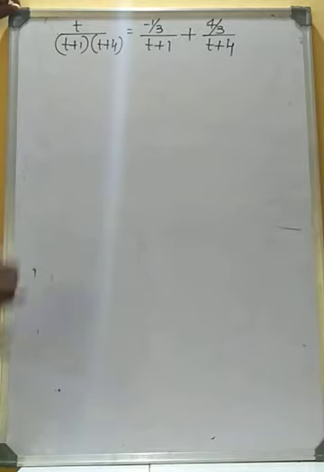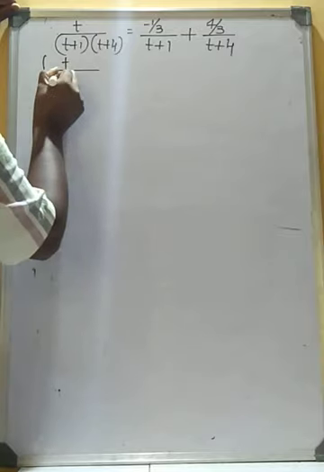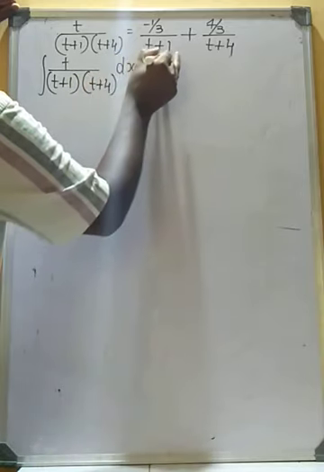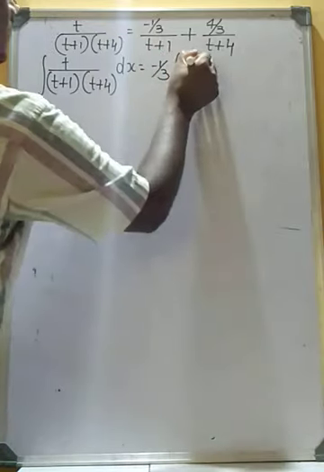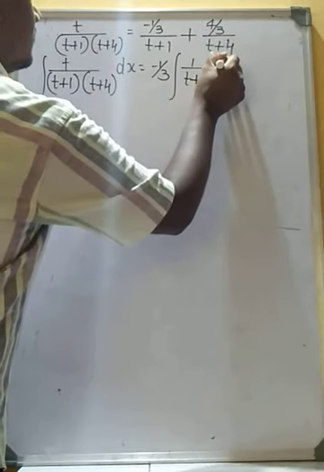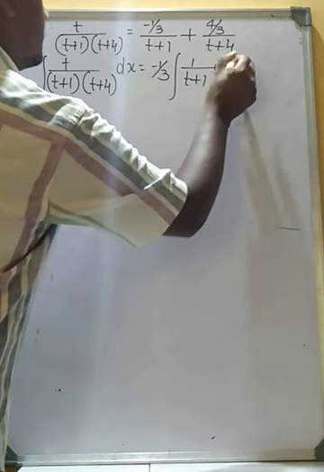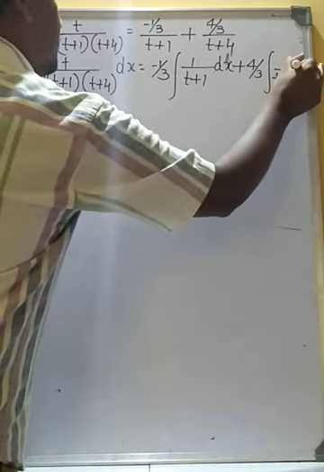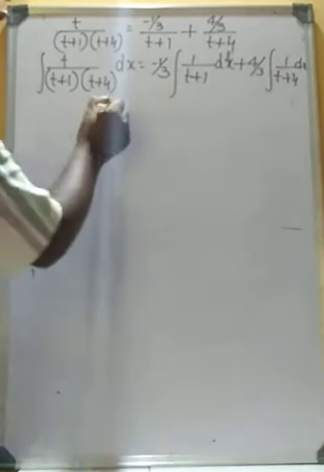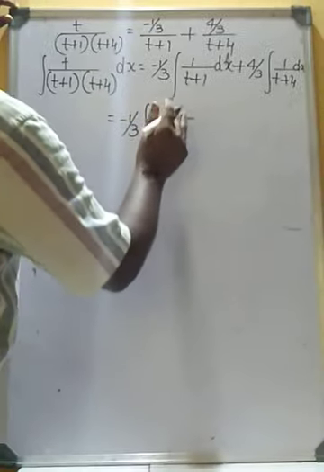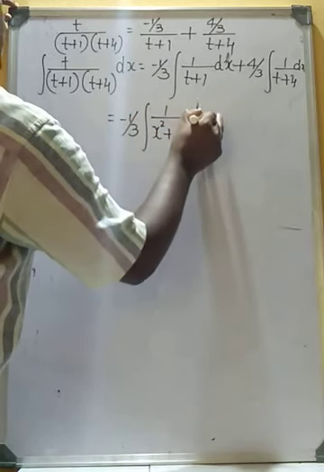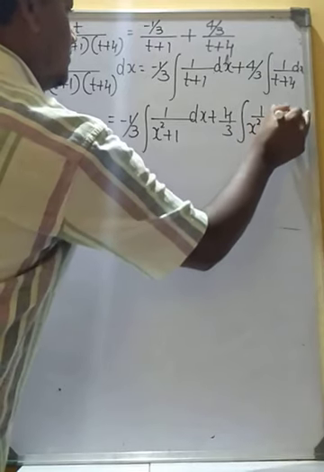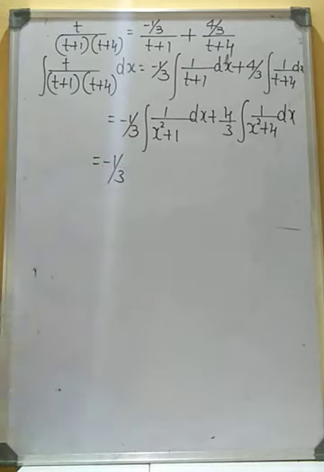So now taking integration on both sides, integral of t dividing by (t plus 1) into (t plus 4) into dx is equal to minus 1 by 3 integral of 1 dividing by t plus 1 into dx plus 4 by 3 integral of 1 divided by t plus 4 into dx, that is equal to minus 1 by 3 integral of 1 divided by, what is t? t is x square plus 1 into dx plus 4 by 3 integral of 1 divided by x square plus 4 into dx.